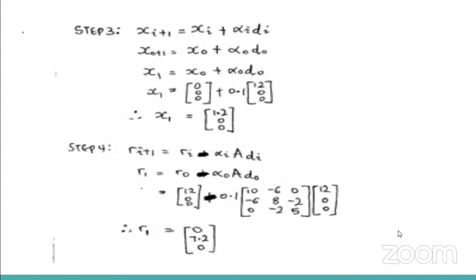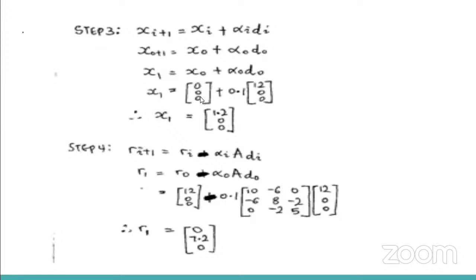So move to step 3. Step 3 is now telling us to use this. We are still working with the initial, which is 0, so you slot in 0 there, and 0, and 0. So in the end, you have x1 equals x0 plus our scalar times our initial search direction. Your x0, remember, is 0, 0, 0.